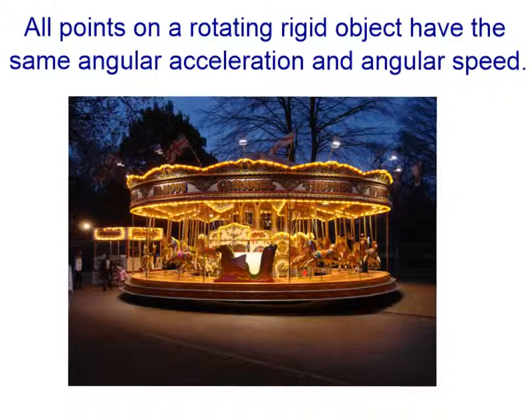If a point out here on the carousel had a different angular speed than a point nearer to the axis of rotation, this would be changing shape. It would not be a rigid object. So for rigid objects, all points that are rotating on that rigid object have the same angular acceleration and angular speed.